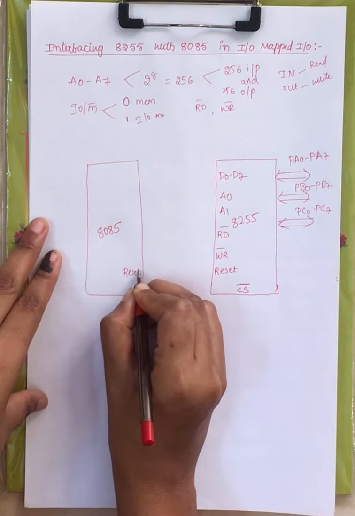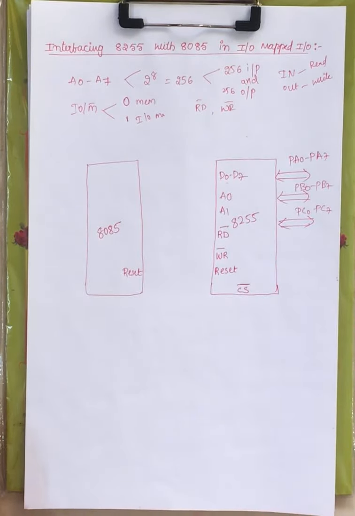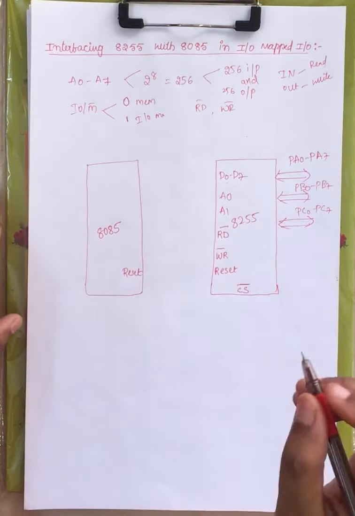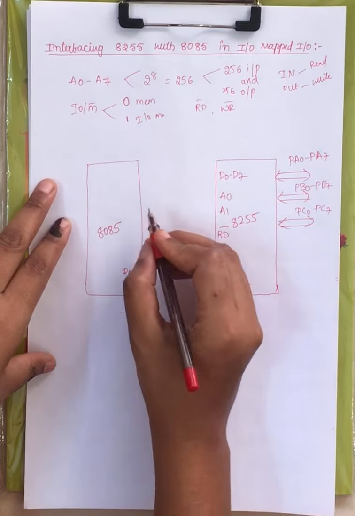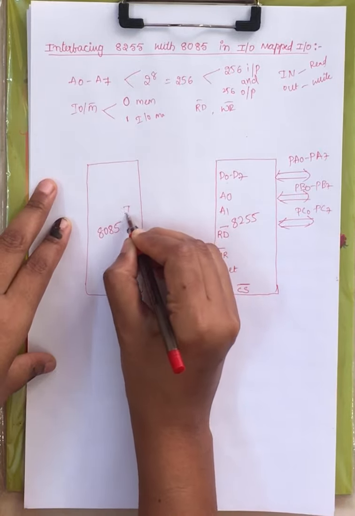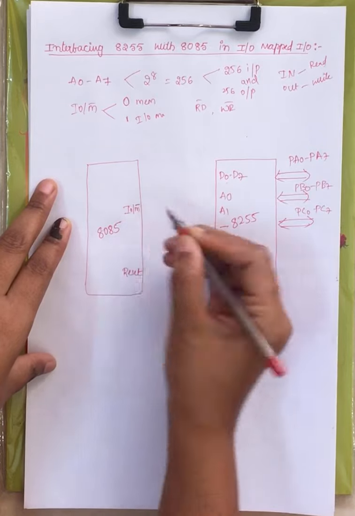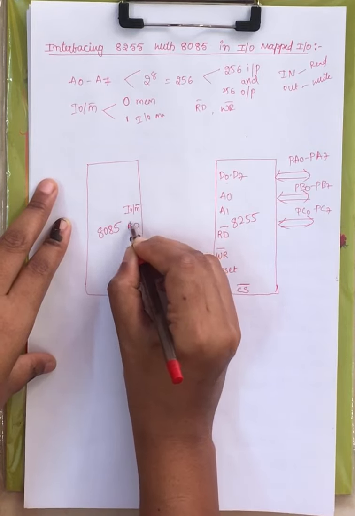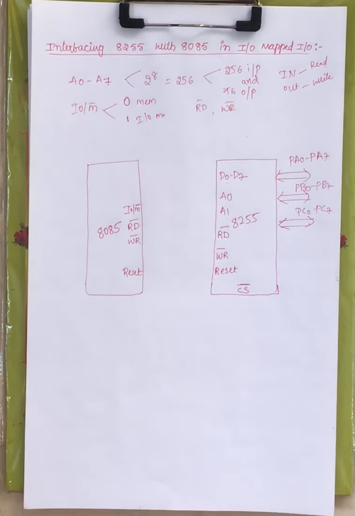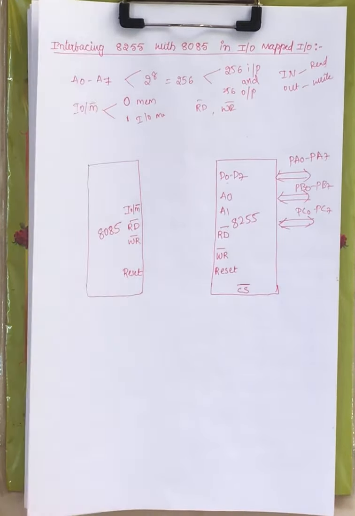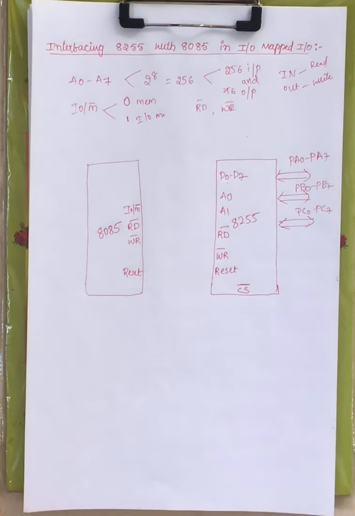Next you have IO/memory bar, and next you have the RD signal and the WR bar signal.